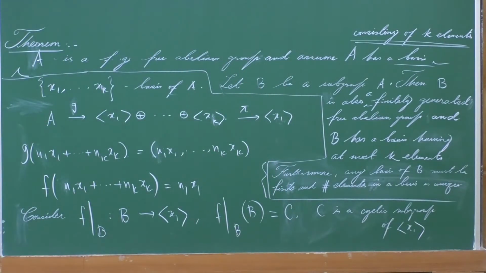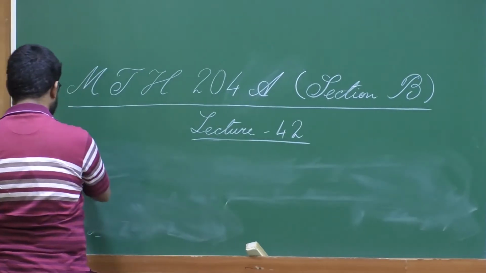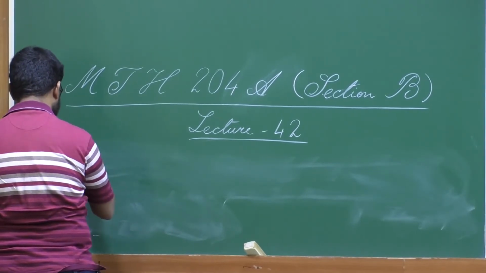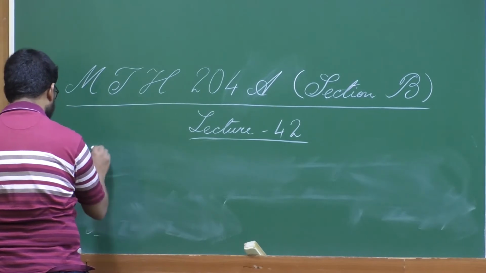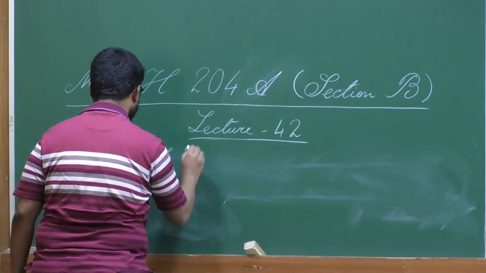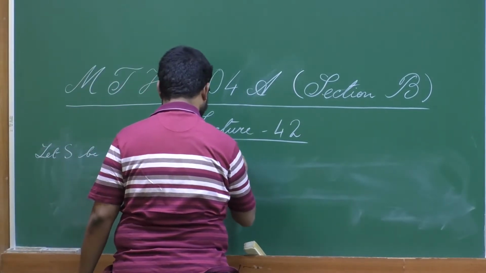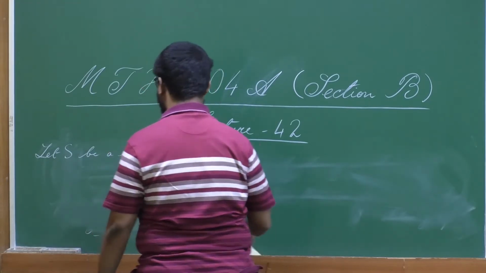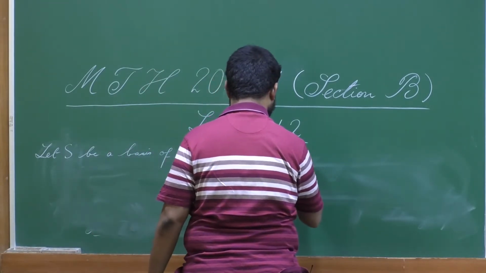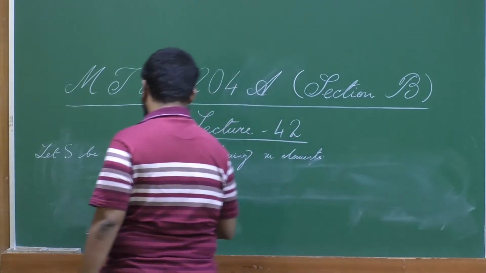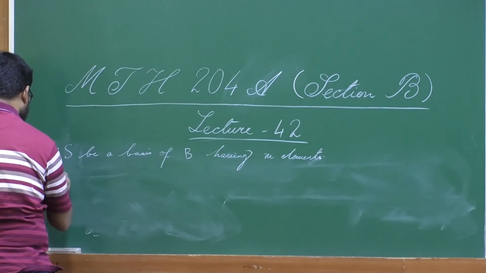So, again, the argument is somewhat subtle. So, let S be a basis of B having m elements, and T be another basis.